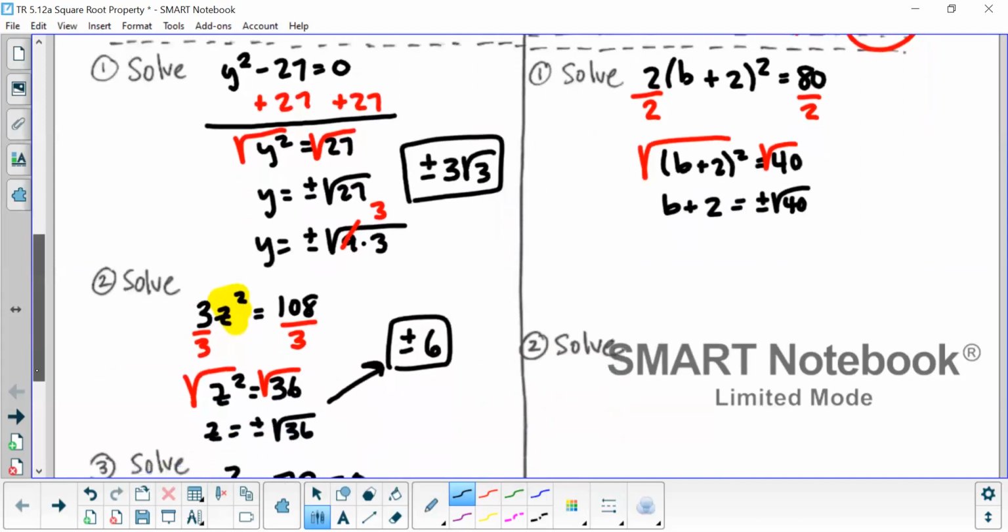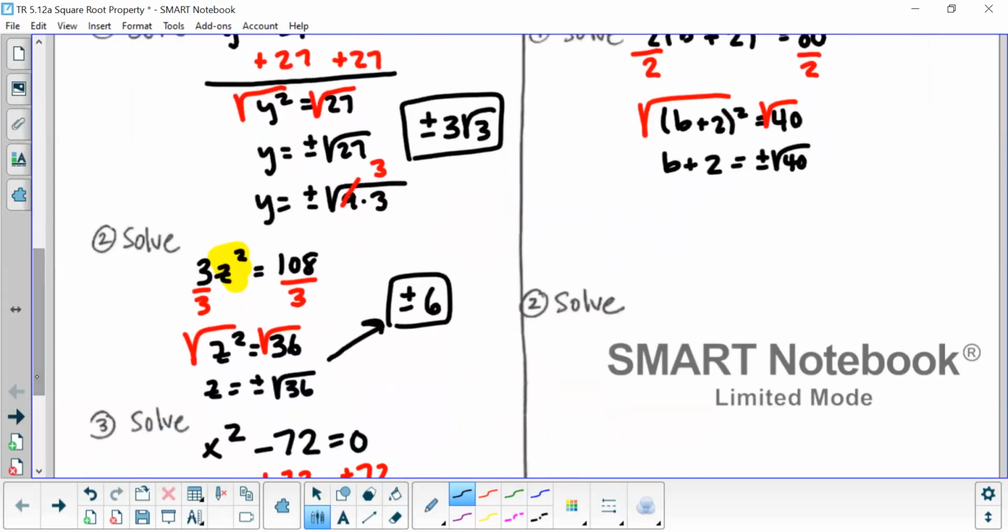40 has a perfect square in it of 4. So when I simplify that radical, I'm going to use 4 times 10. The square root of 4 simplifies as 2. So now I've got b plus 2 equals plus or minus 2 radical 10.